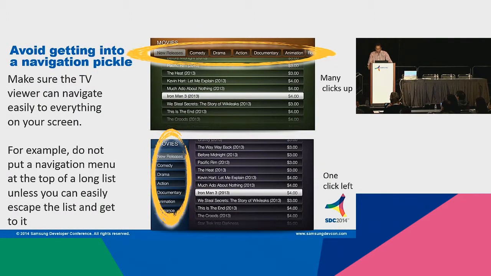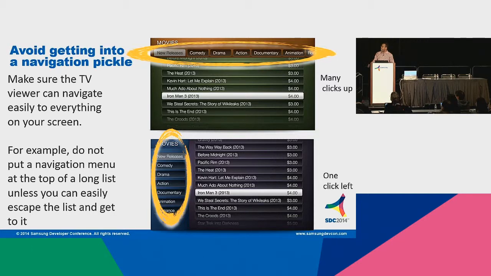So we like to call this situation the navigation pickle, and this is an example, at the top here, is the best example here, where for me to get to the items at that top bar, I've got to traverse all of the items in that list, and I don't know if you can tell there, but below the fold, there's goodness knows how many more items that I would have to traverse to.